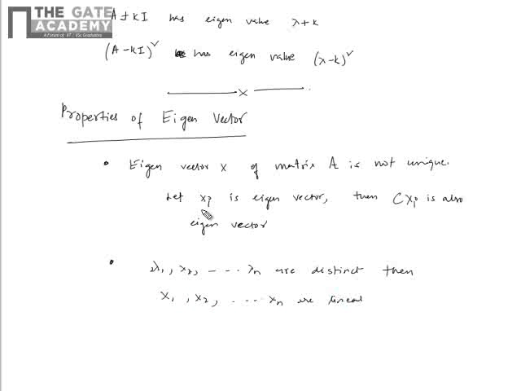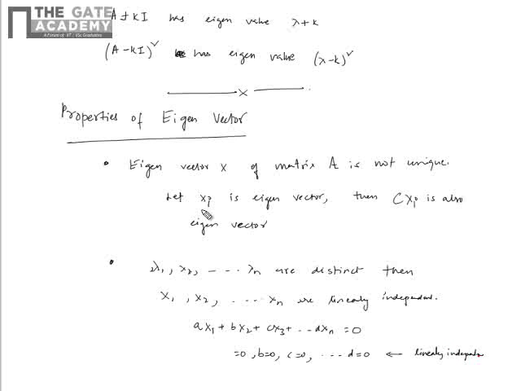Linearly independent means that when I express a x1 plus b x2 plus c x3 plus so on till t xn equal to 0, it happens that a is equal to 0, b is equal to 0, c is equal to 0, and so on till t is equal to 0. This is the case of linearly independent.